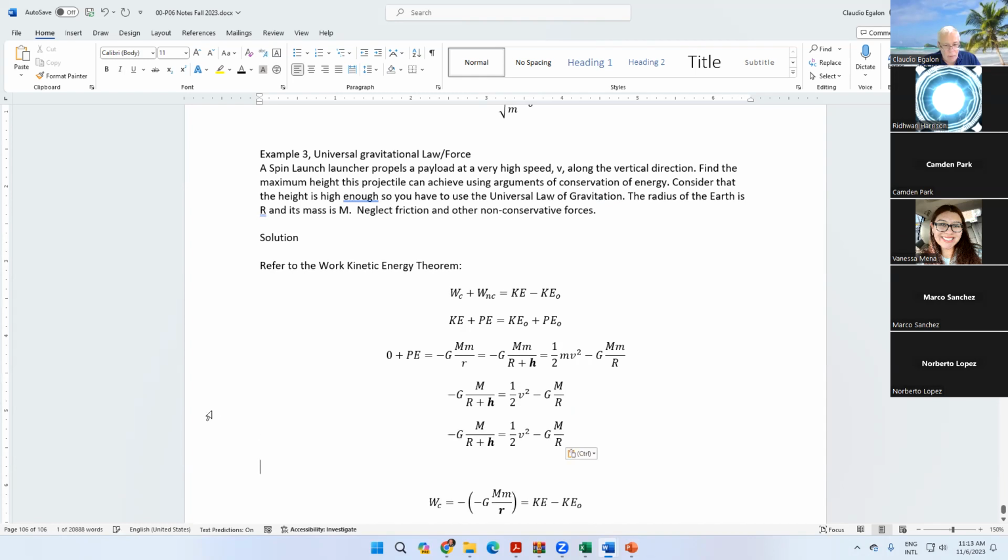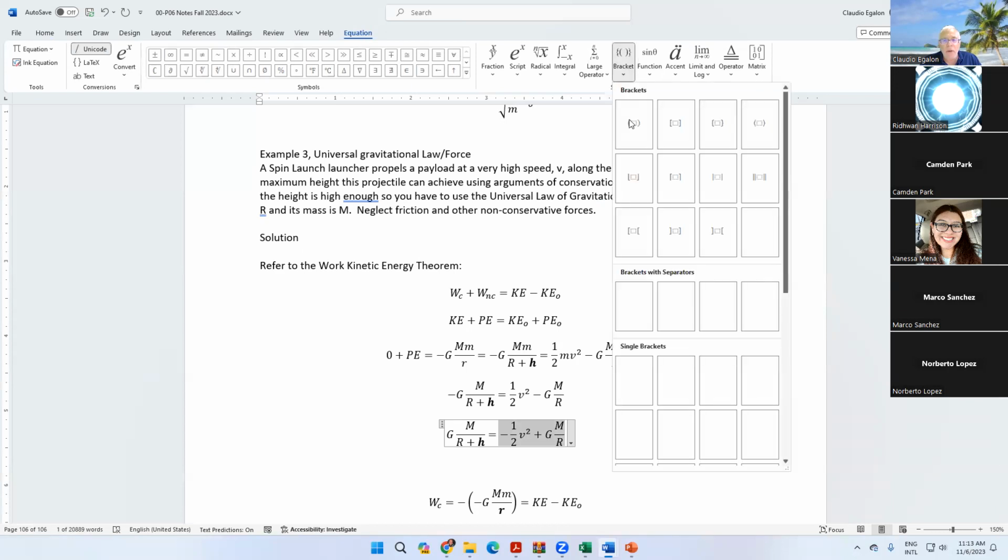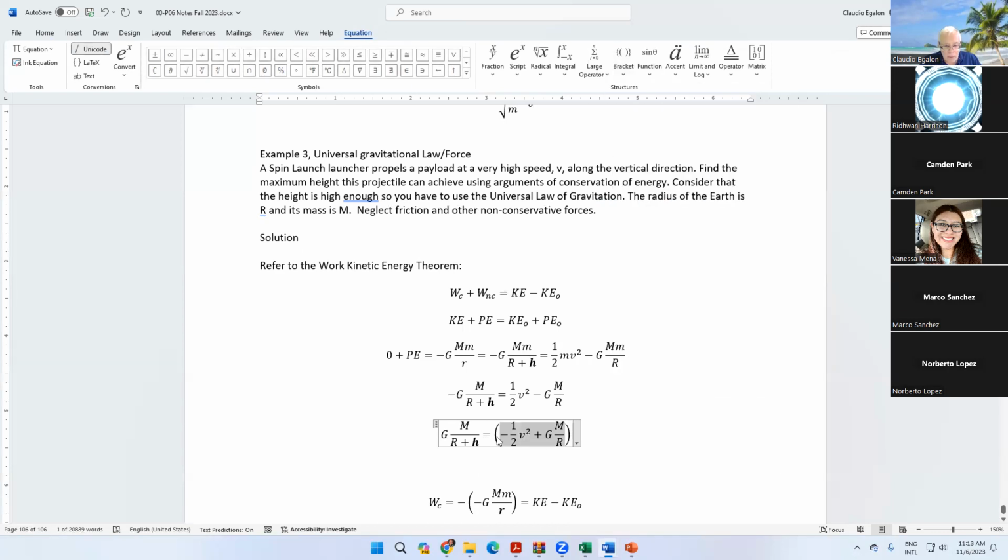So we have to put everything, let's see. I'm going to pass the negative to the other side. I'm going to put this thing between parentheses. We're going to have a big G, big M, like that.